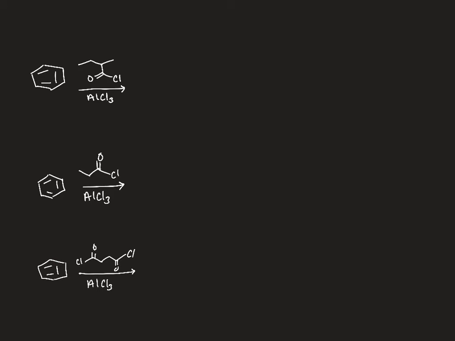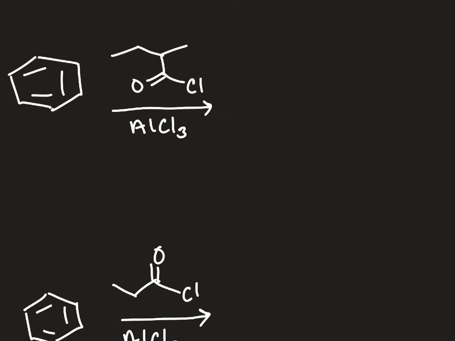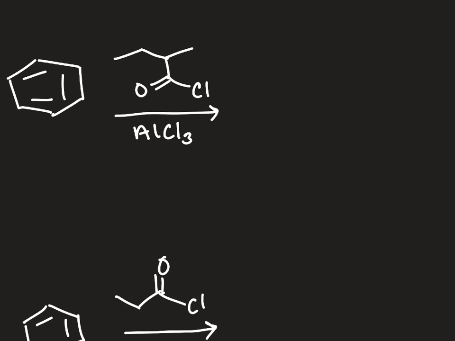Here's 3 more, and in these examples we have acylation reactions because what we're starting with is an acyl chloride. So in these examples, what you're going to do is again remove the halogen and attach the benzene to that same carbon.